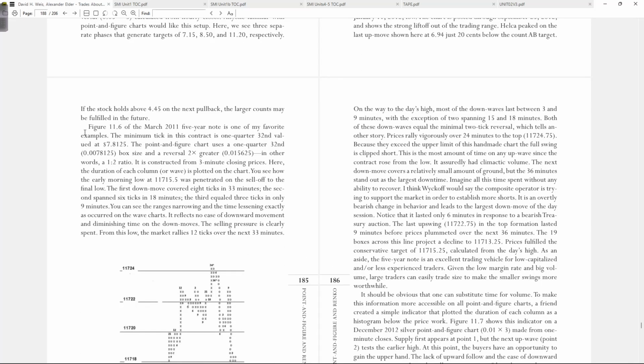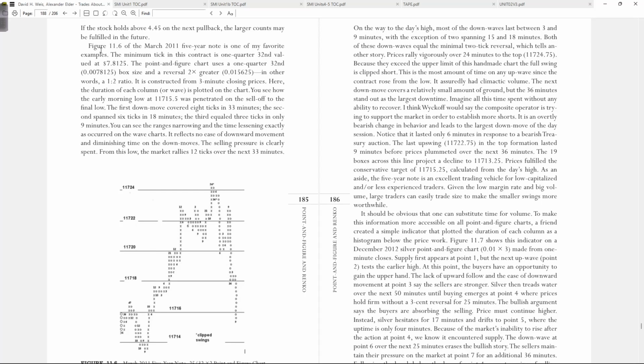Figure 11.6 of the March 2011 5-year note is one of my favorite examples. The minimum tick in this contract is 1/2 of 1/32, valued at 7.8125.